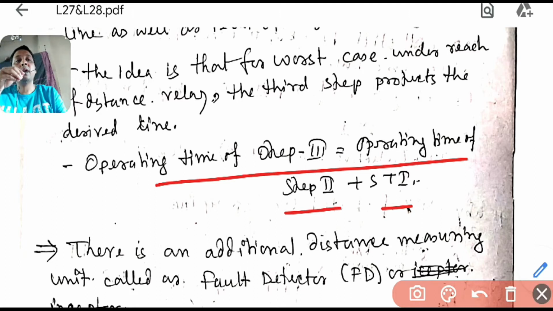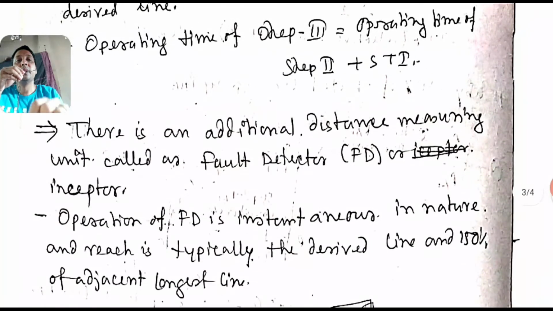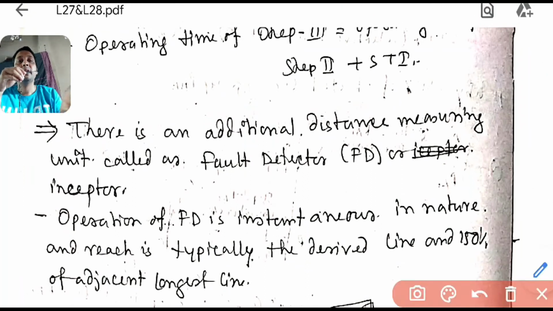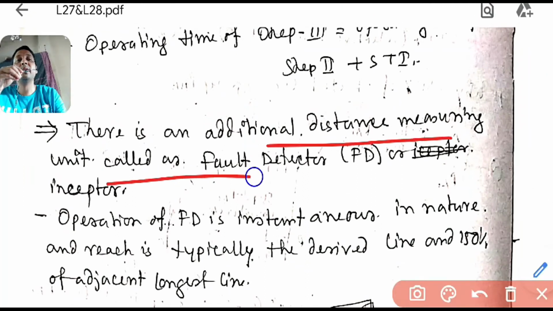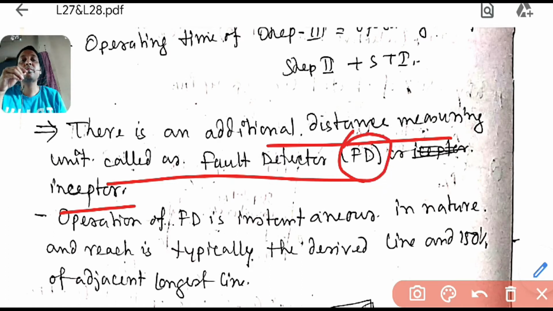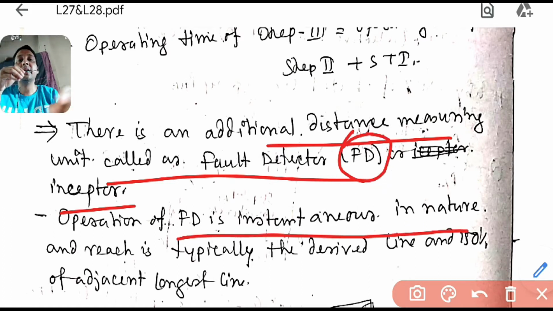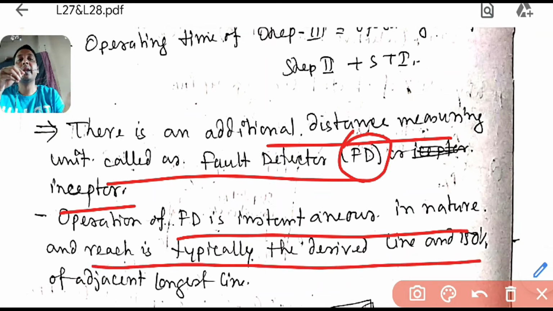Now in addition to these first, second, third step relays, we have an additional distance measuring unit that is known as fault detector or inceptor. What is the use of this? We will see. A fault detector is instantaneous in nature. There is no intentional time delay. If it senses there is a fault, then it will automatically close its contact. And the reach is typically the desired line and 150% of the longest line. Now it is the extreme case.